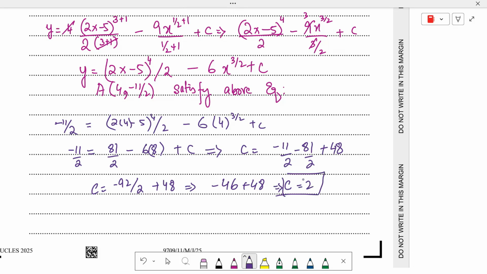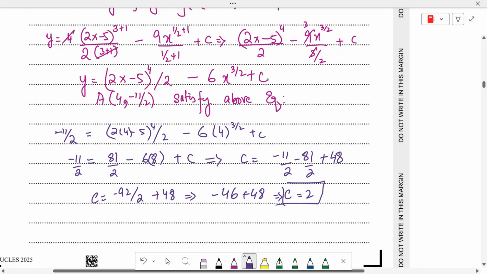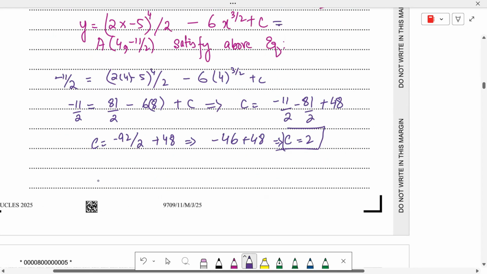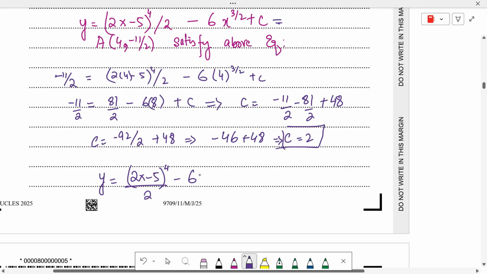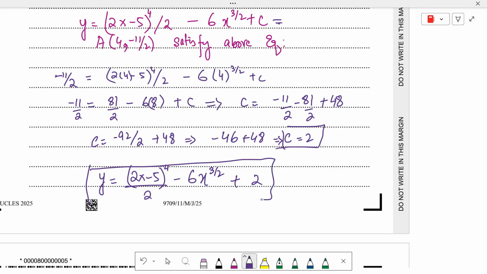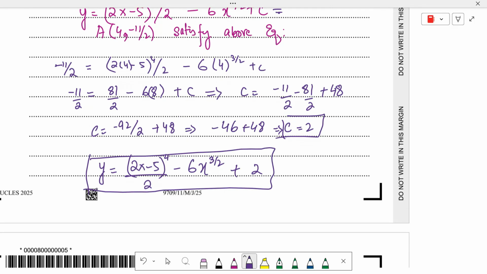So we have calculated the unknown value. Plugging this value into the equation, we have the curve equation, which is y equals (2x minus 5) whole power 4 over 2 minus 6x to the power of 3 by 2 plus 2. So this is the required curve equation.